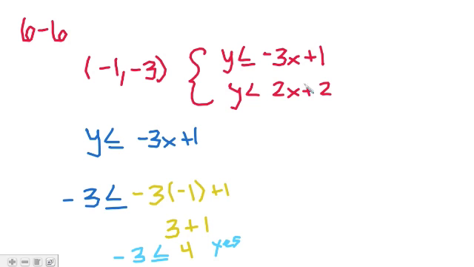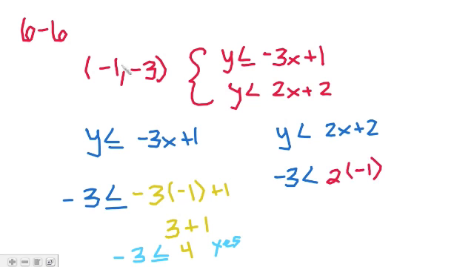Now let's see if the other inequality also comes out a true solution. So we have y is less than 2x plus 2. What is our y? Our y is -3, and it needs to be less than whatever this side comes out to be. So I'm going to do 2 times -1, again, because that's my x value, plus 2. 2 times -1 gives me a -2. -2 plus 2 is going to give me a 0.